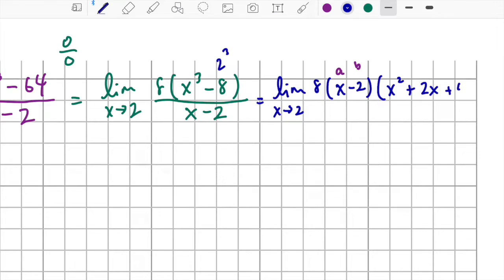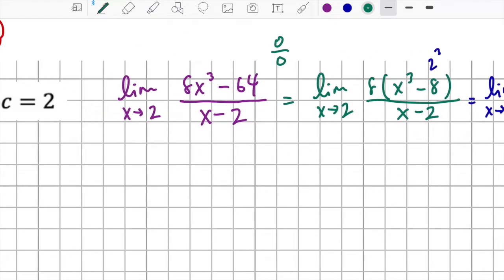B is 2, so 2 squared is 4. All of it over x minus 2. You don't need parentheses, but I put them there just so you can see what I'm going to do right now. So now the x minus 2 cancels the x minus 2. That's what we wanted to do. So now I'm left with this.